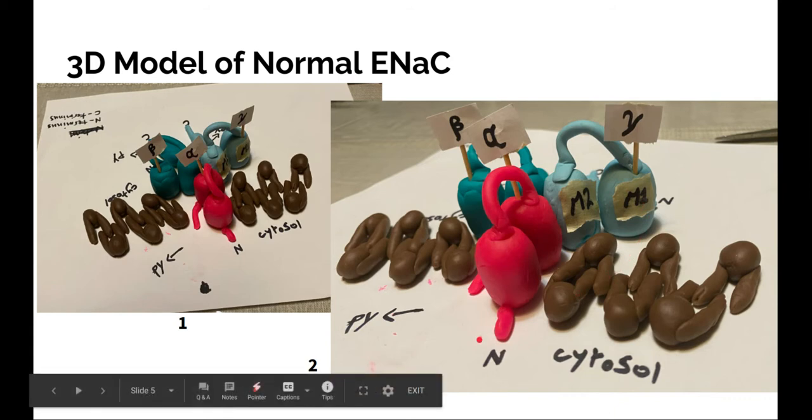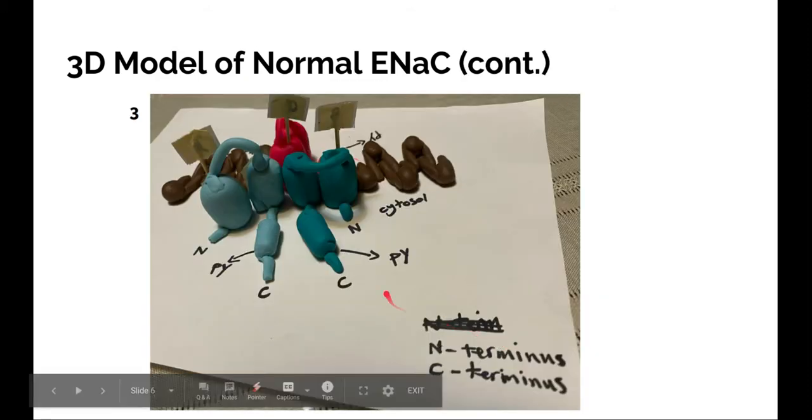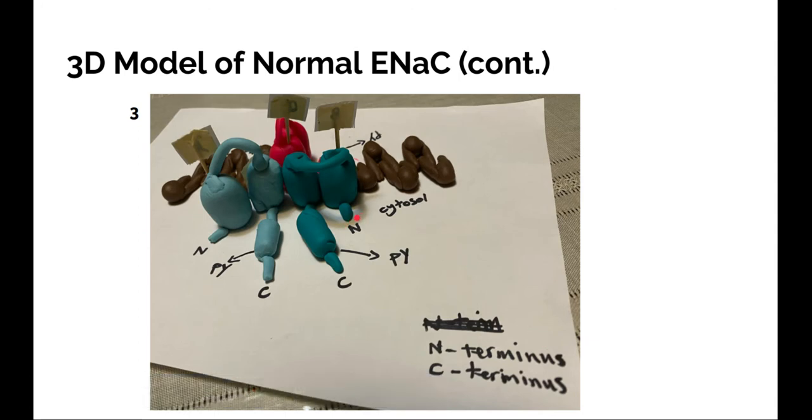Now you would see those tails have N next to them, as well as for beta and gamma. That N is the nitrogen terminus, indicating an amino group on this side, and the C represents the carbon terminus, which is the carboxyl group.